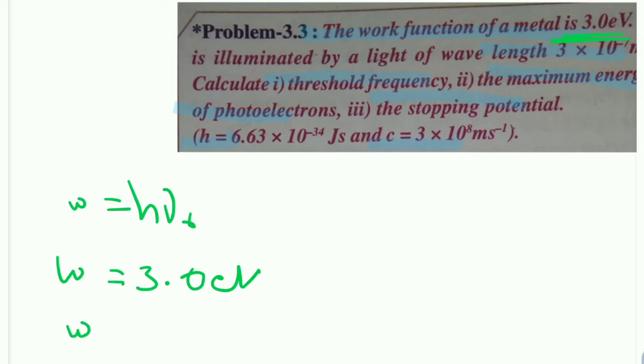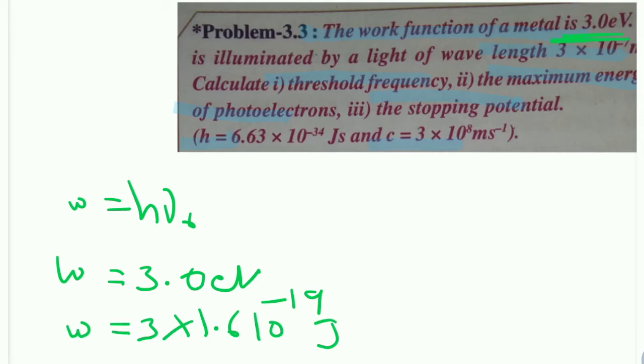W is equal to 3 into 1.6 into 10 to the power of minus 19 joules.